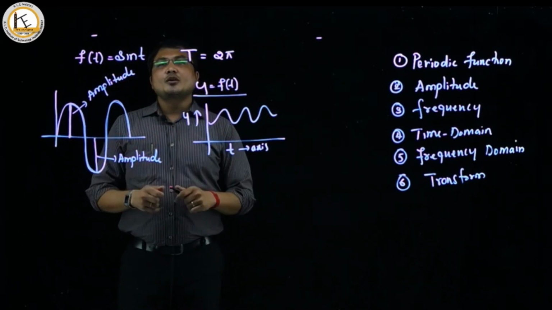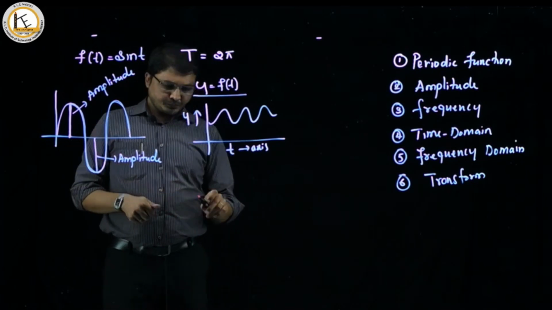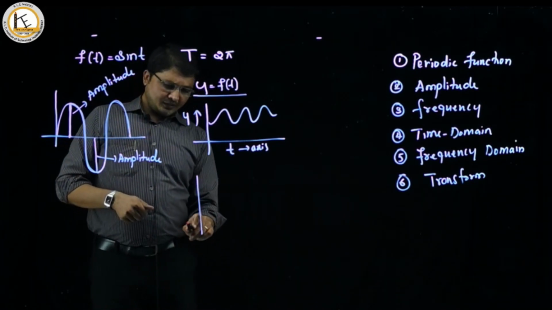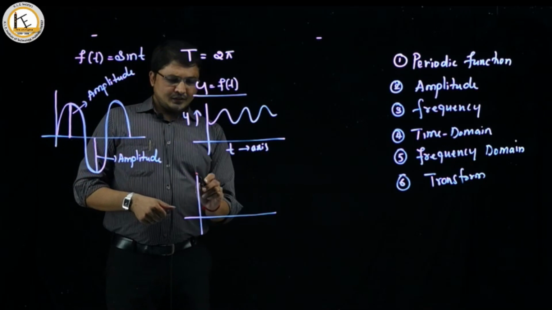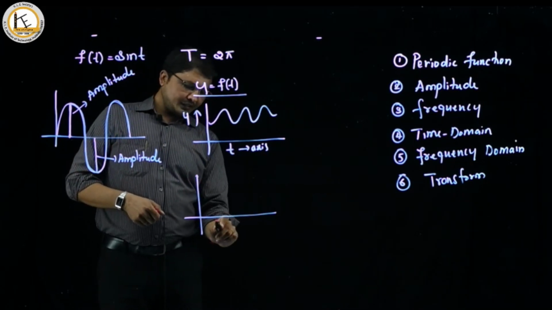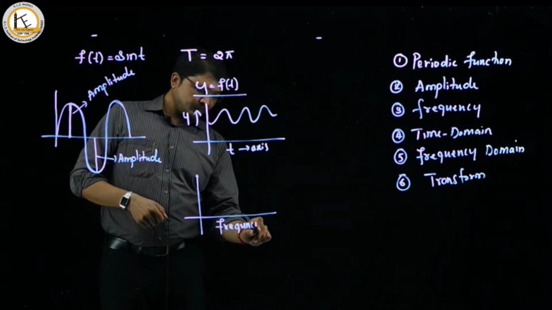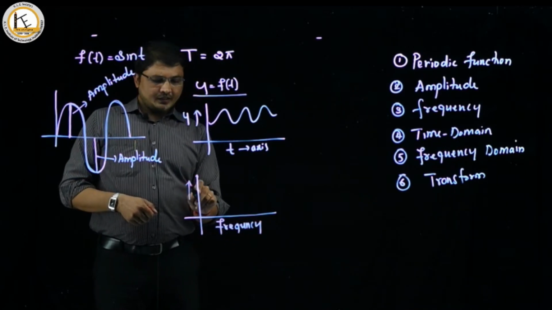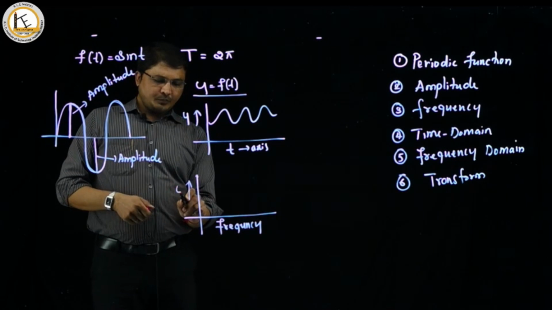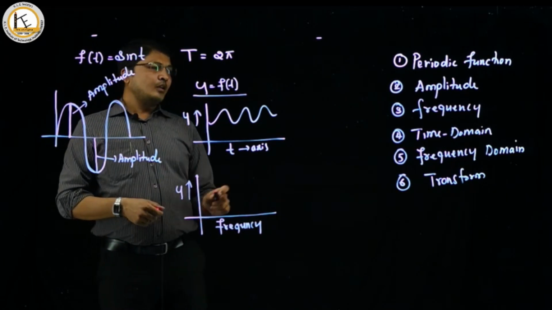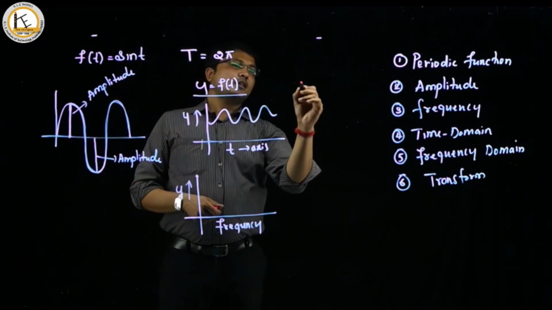What is the meaning of frequency domain? I will draw a curve again. Here this is frequency, and obviously this is the property of the function. One example I will take, a sound function.